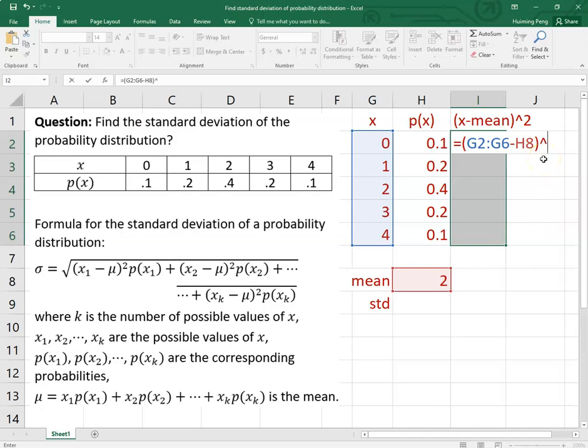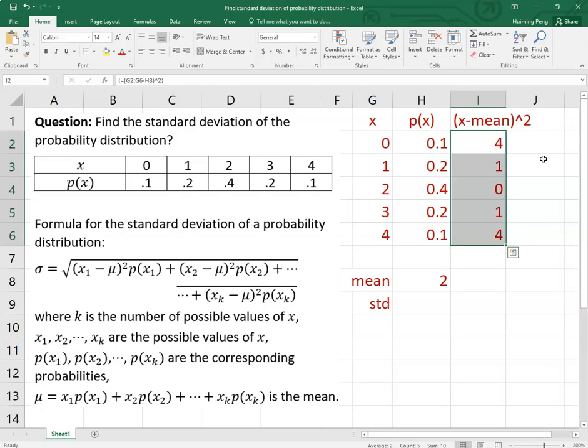Now raise to the power of 2. Don't touch enter. We need to press three keys at the same time: Control, Shift, and Enter. See, we get (x minus the mean) raised to the second power in this column.